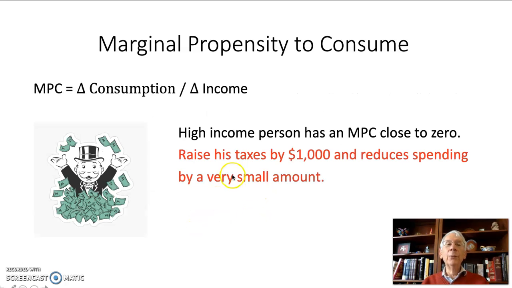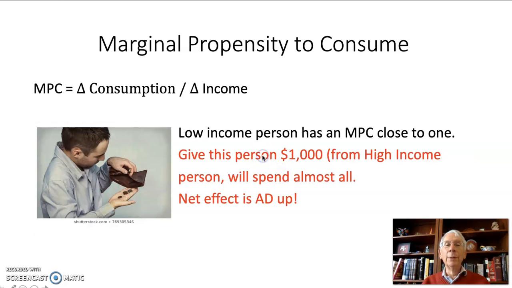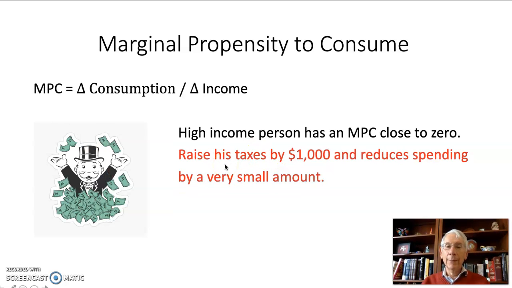One of the things that we found out is that high-income people have a very low marginal propensity to consume. Take a very high-income individual. Suppose we tax this high-income person $1,000.